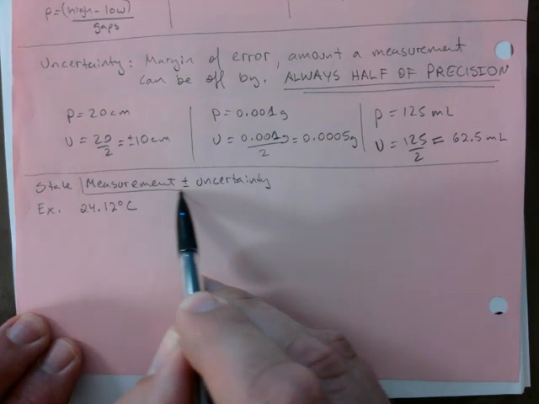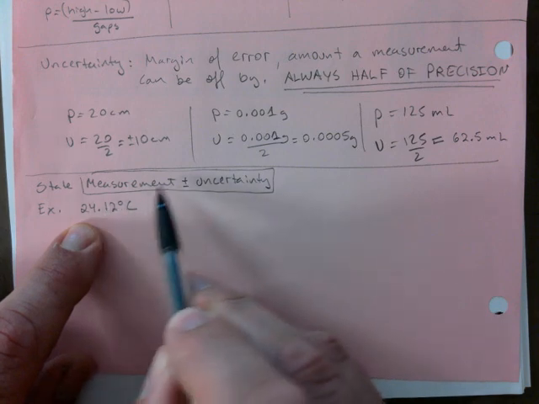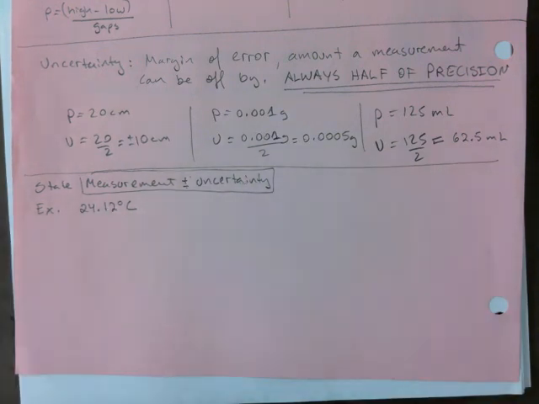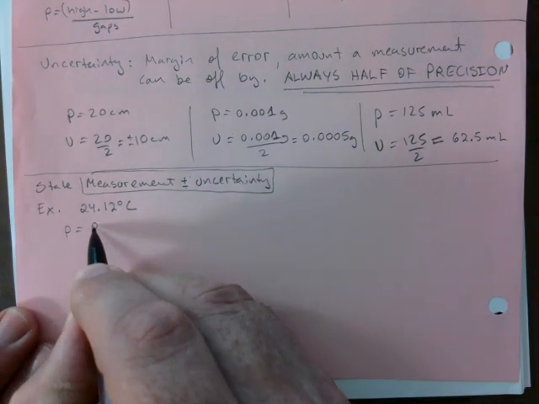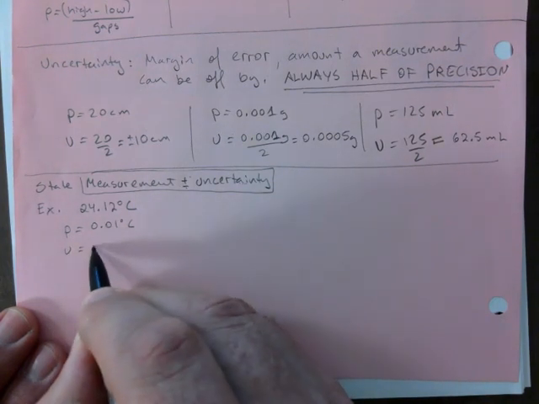I will box this in. You're asked to state this measurement plus or minus its uncertainty. You first need to find the precision, then the uncertainty, then you proceed to state it like that. Okay, guys? So what's the precision? Yep, 0.01 degrees Celsius. Uncertainty is half of that.